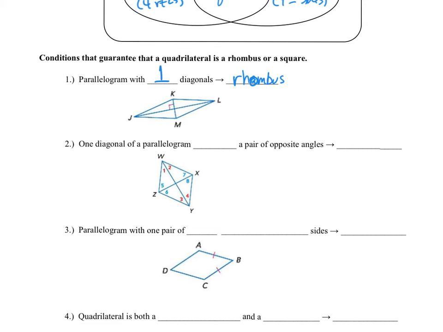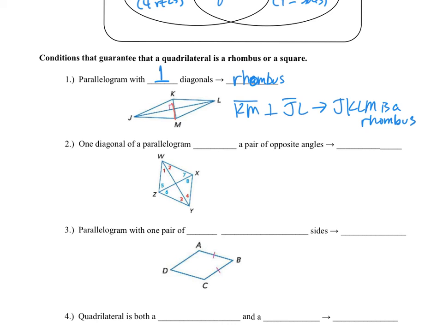If you look at this diagram, we can see that diagonal KM is perpendicular to diagonal JL. So if KM is perpendicular to JL, then we can conclude that JKLM is a rhombus.